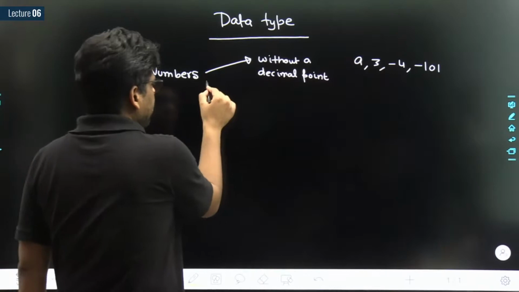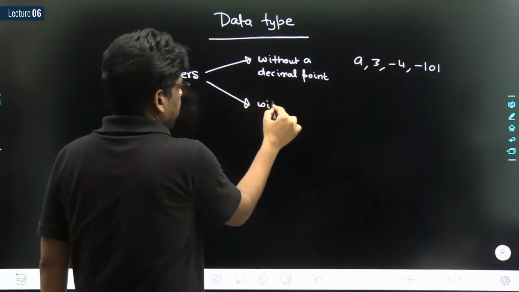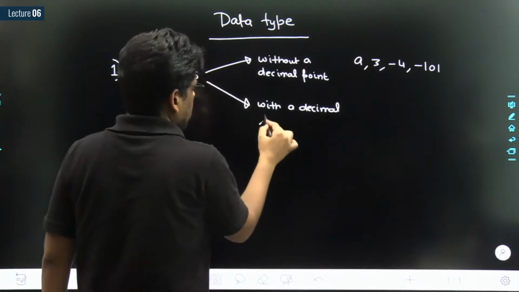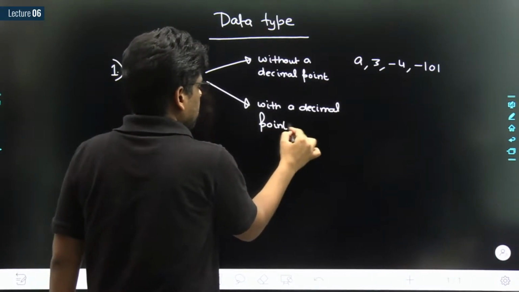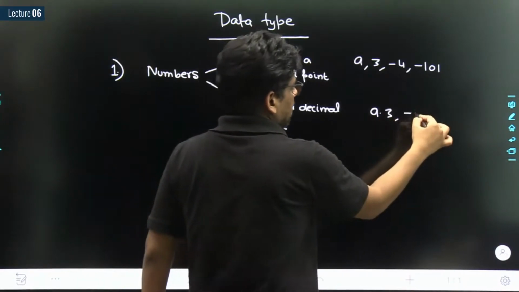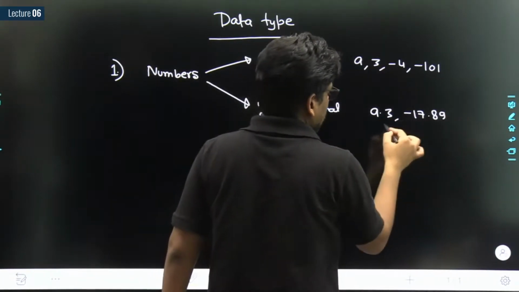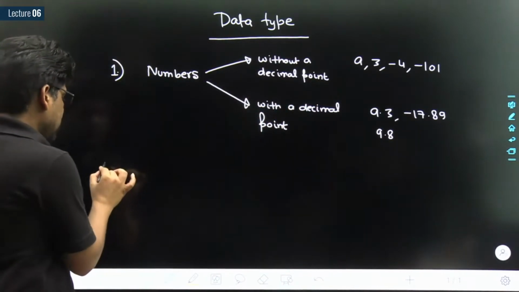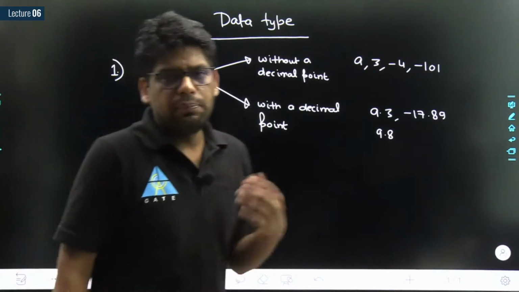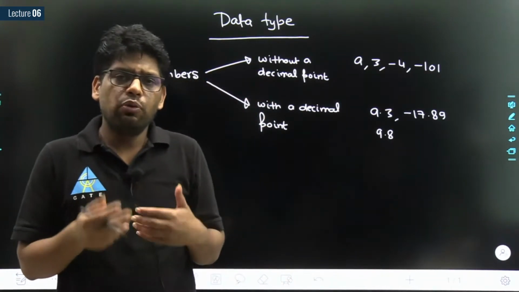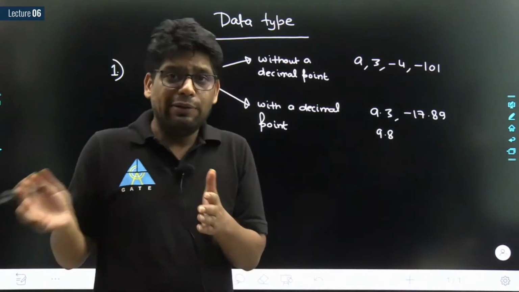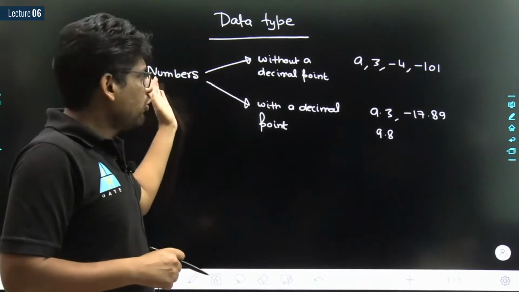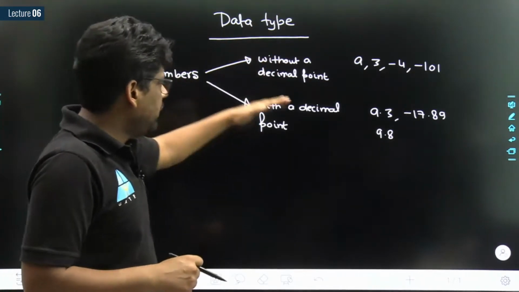And we could have numbers with a decimal point, like 9.3, -17.89, like 9.8. Sir, even in programming, when we write programs, what we need is input. The input could be a number also, and in the same way, that number could be without a decimal point or it could be with a decimal point.